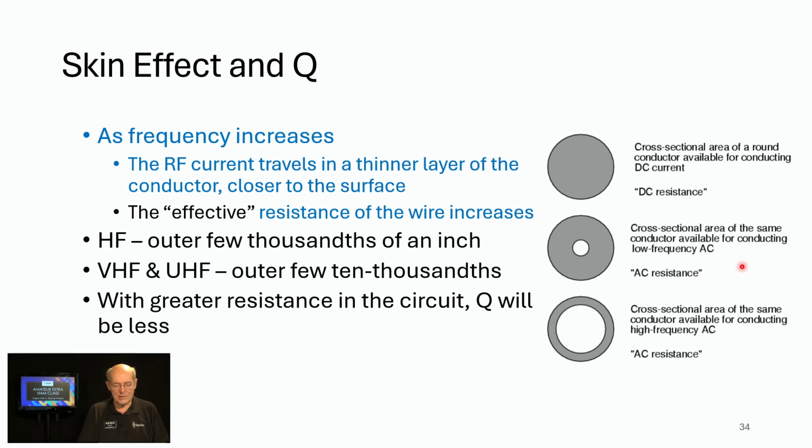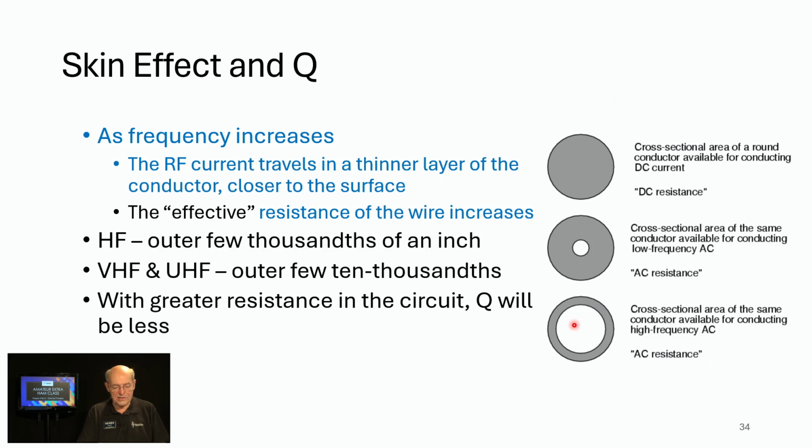Now what happens when you move from DC to AC, the higher the frequency of the AC, there's a weird effect called skin effect, where the current flows on the outside of the conductor. So here's low frequency AC and here's high frequency AC. You can see that we're getting less and less cross section of the wire the higher we go in frequency.